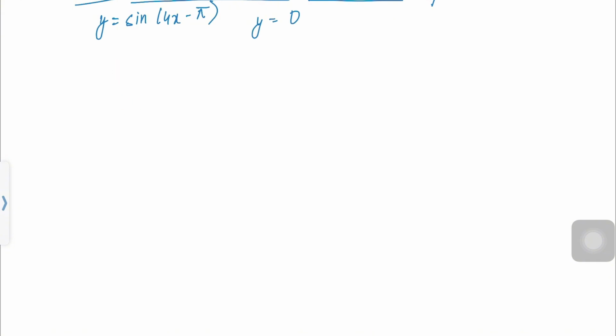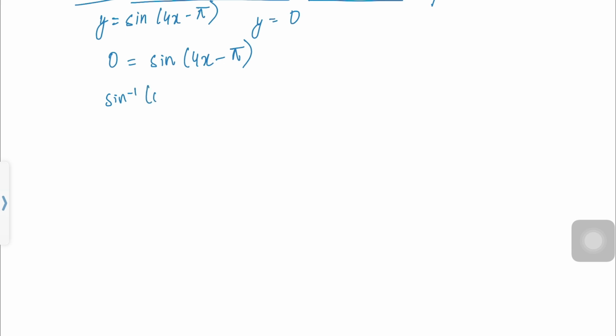So this is y equals sine(4x minus pi) at the point A comma 0. So let's substitute this to get our A. So this would be 0 equals sine(4x minus pi).